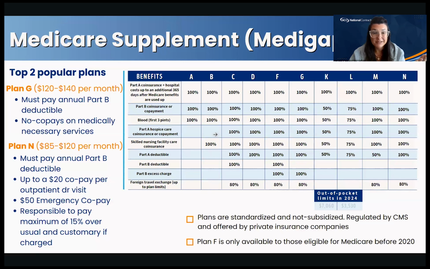So $20 to go to any of your doctors and $50 if you have to go to the emergency room. There is an excess charge exposure there. However, Medicare CMS mitigates this because there's something called the Medicare allowable amount that can be charged to Medicare beneficiaries.